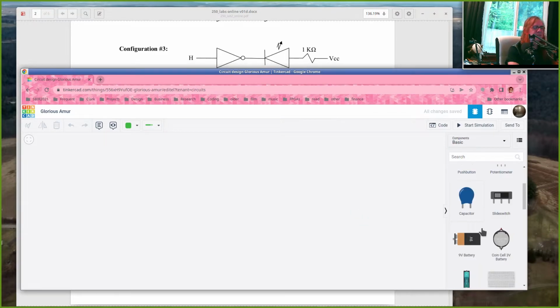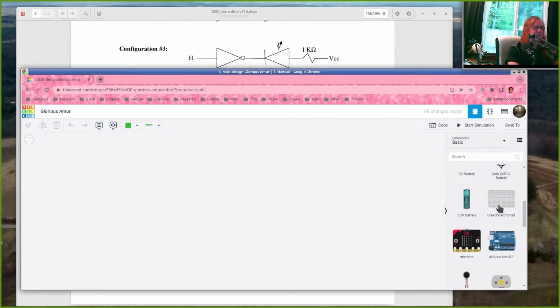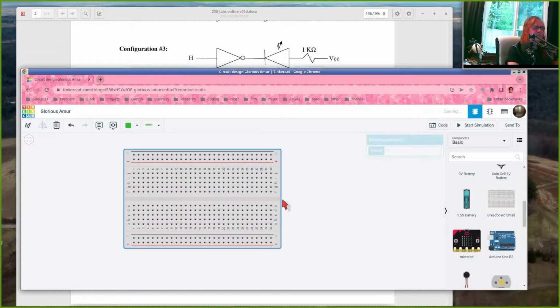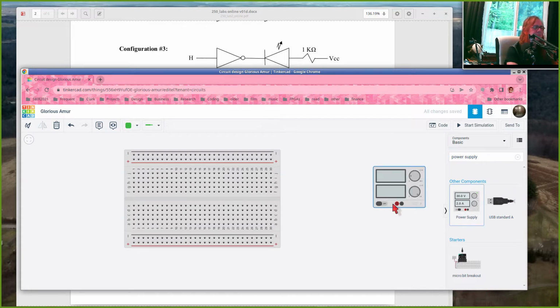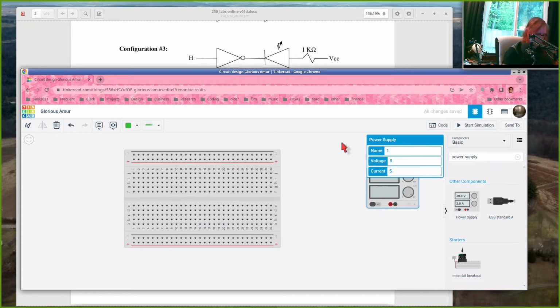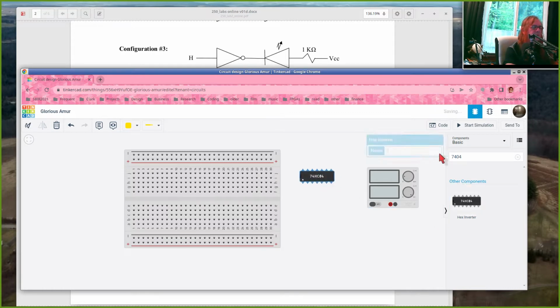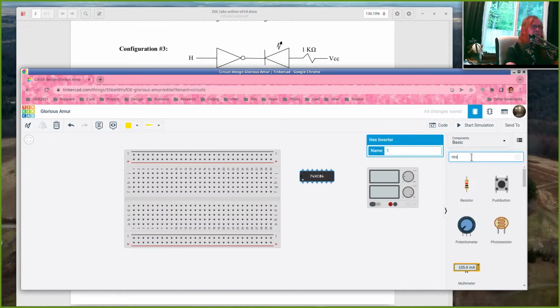It's a good one to pick on. So let's put a protoboard in here. And let's get a power supply. And let's get a chip. And a resistor. And an LED.